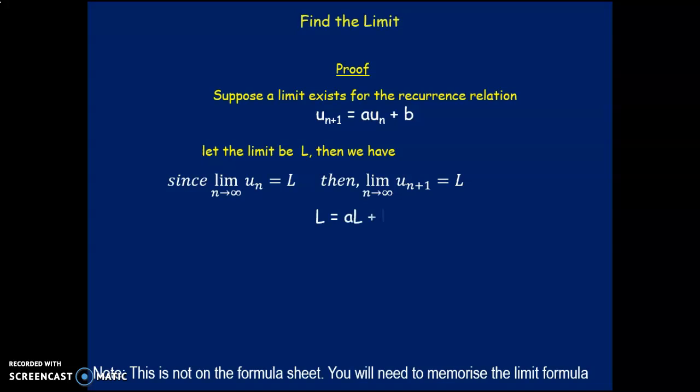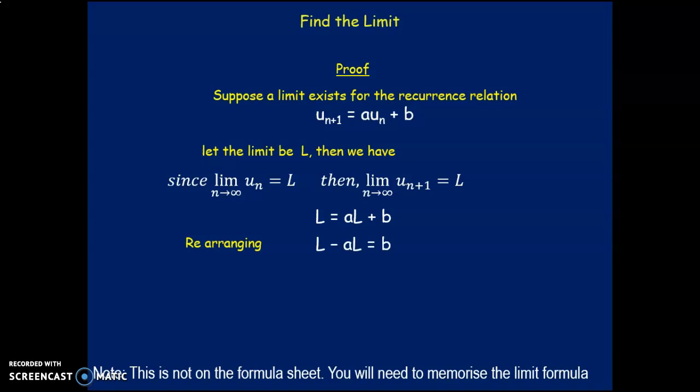So knowing this, if they're both tending towards L, so un is tending towards L, then we will replace un with L. And if un plus 1 is also tending towards L, we replace that with L. And then we can do some rearranging to find L, because we want L to be our limit.